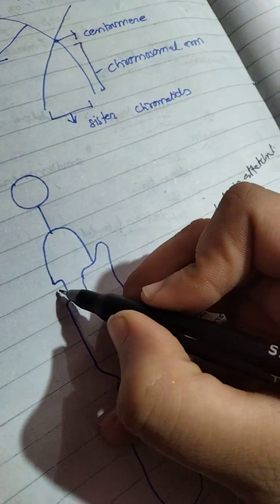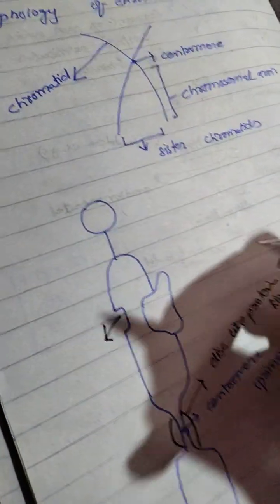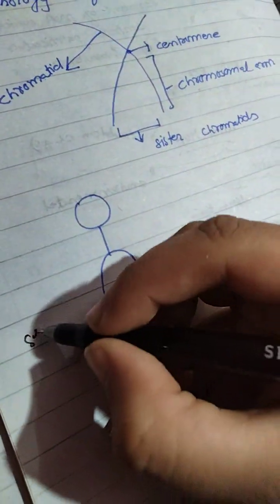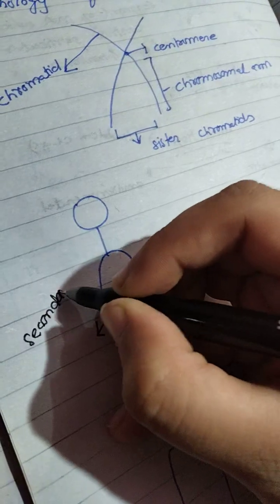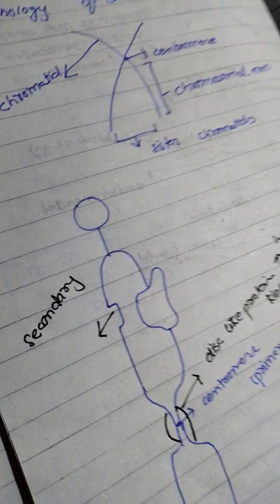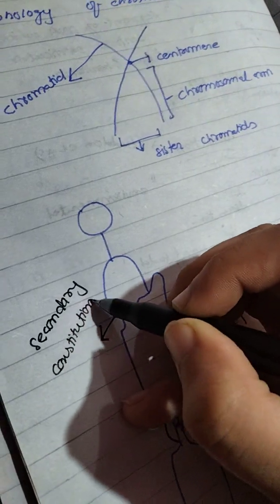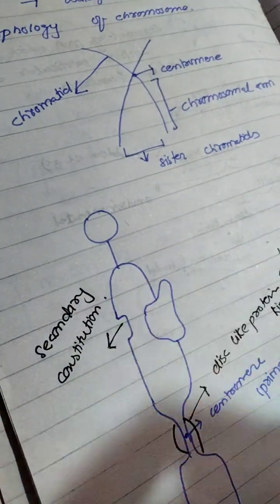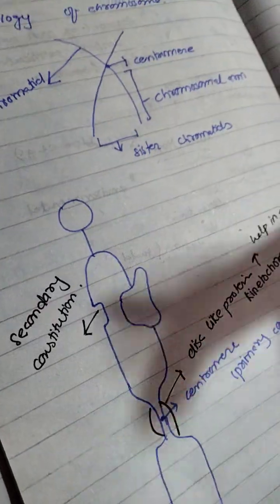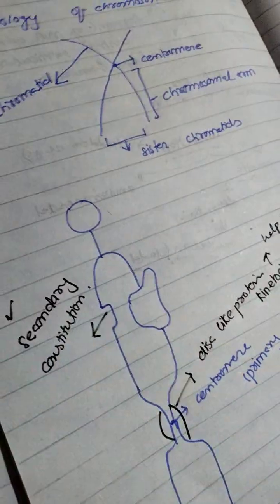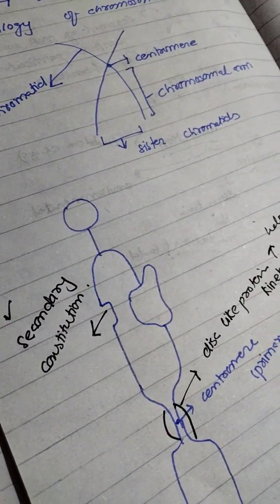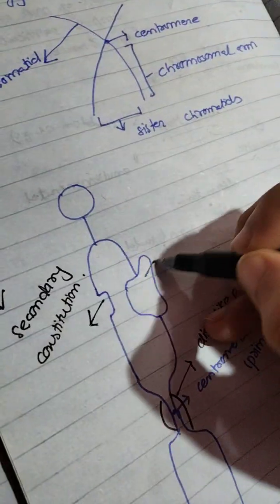Now here we have another narrow space which is known as secondary constriction. Basically not every chromosome contains this secondary constriction, and wherever this secondary constriction is present, NOR is also present over there.